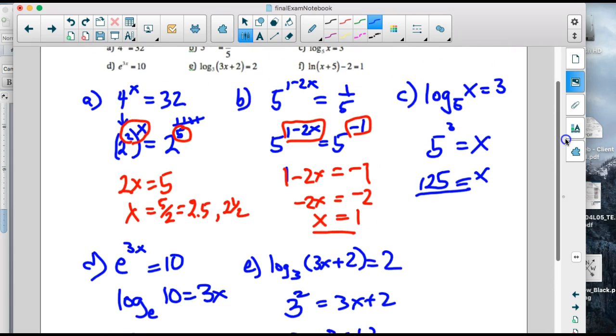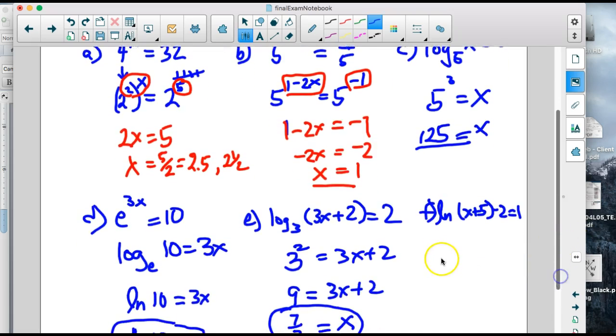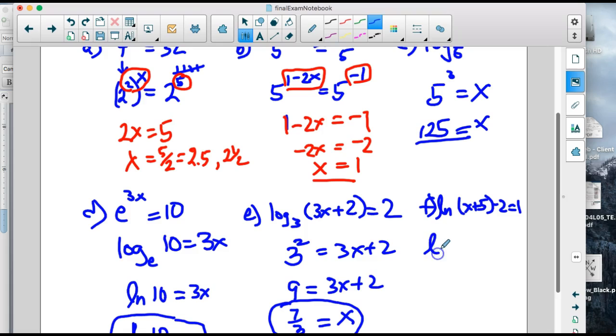Okay, and now the last one here, F, we have ln of x plus 5 minus 2 equals 1. So the first step here would be to add 2 to both sides, so that we have ln of x plus 5 equals 3.